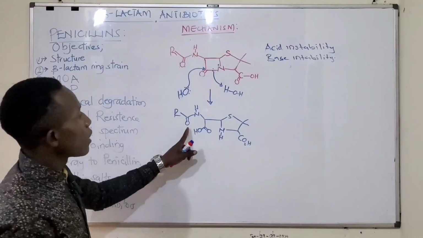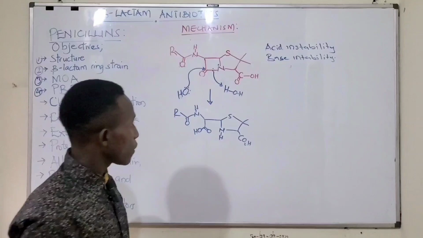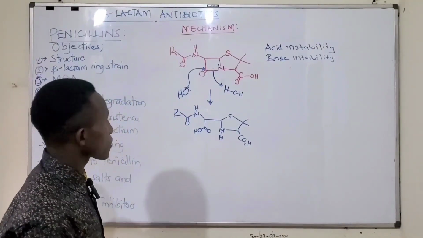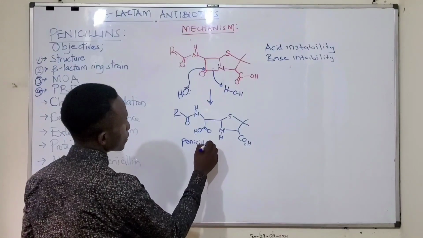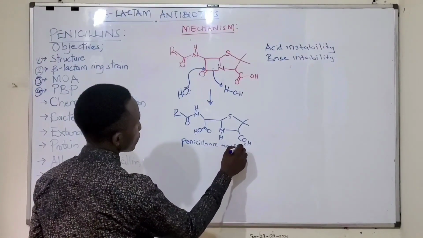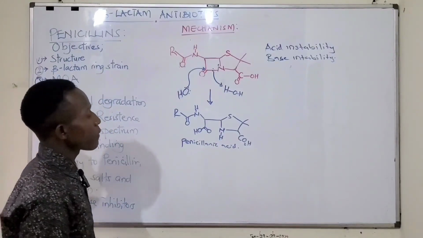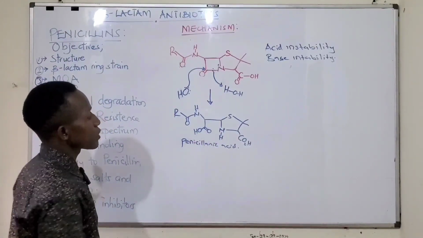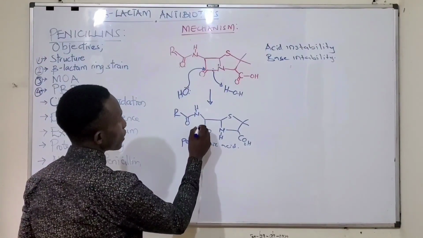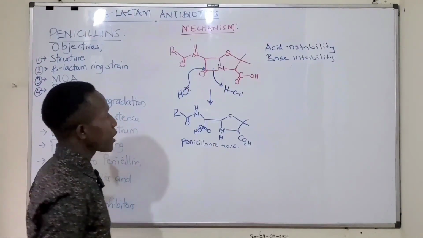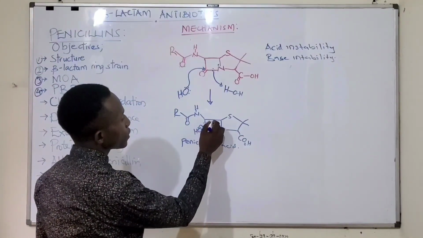So here we are, like the previous mechanism of the acid instability. This is penicillinic acid. When we reach penicillinic acid, we shall have decarboxylation. So our decarboxylation, like the other mechanism for the acid instability, as this one breaks, these bonds are given to this.